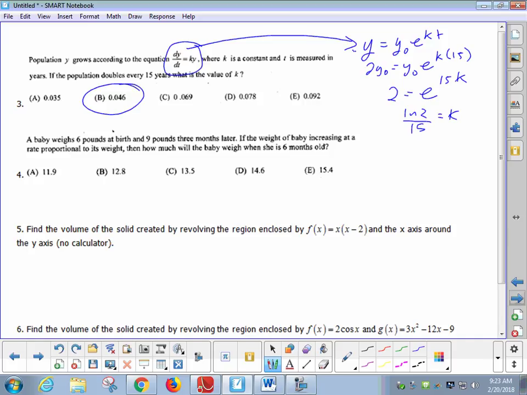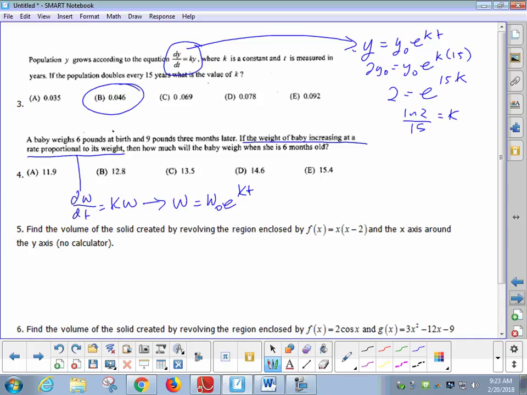This is the key sentence. The weight is increasing at a rate proportional to its weight. dW/dt is proportional to weight. That then implies that weight is initial weight growing at an exponential rate, which actually is not true. It would grow logistically. Yes? Do we have to show that? You do not. Just trying to get the reasons. They tell you enough to get the k.